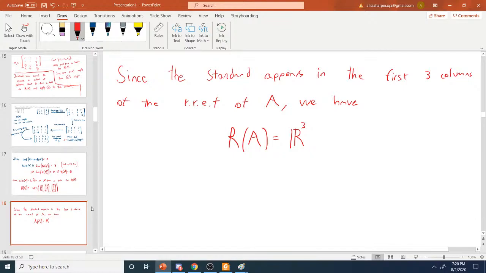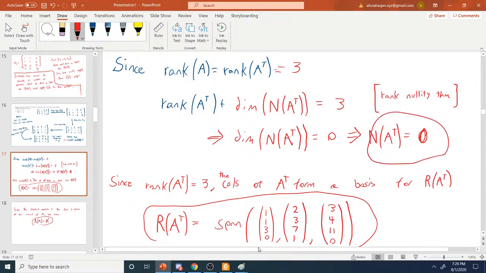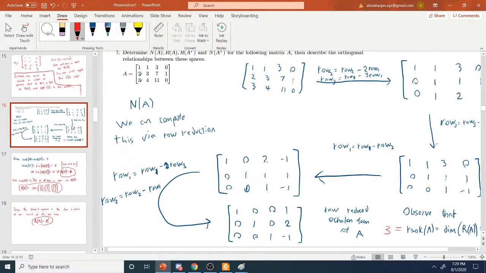So now we know what R of A is. We know what R of A transpose is. We know what the null space of A transpose is, and so all that remains is to figure out what the null space of A is.